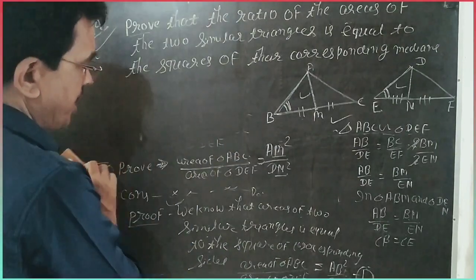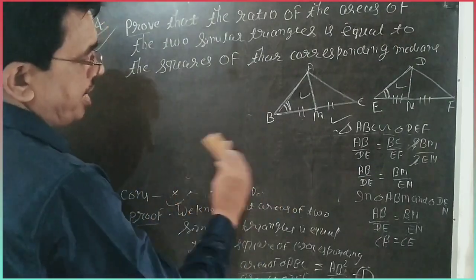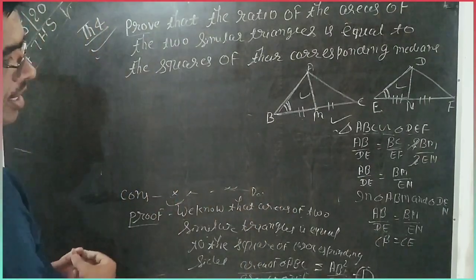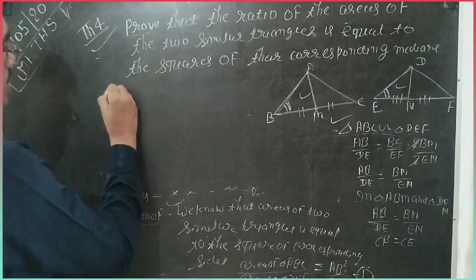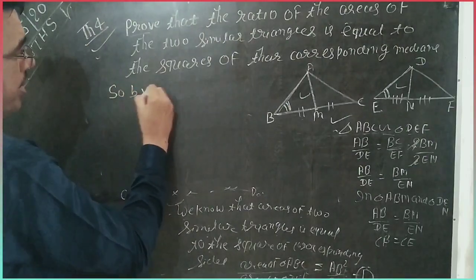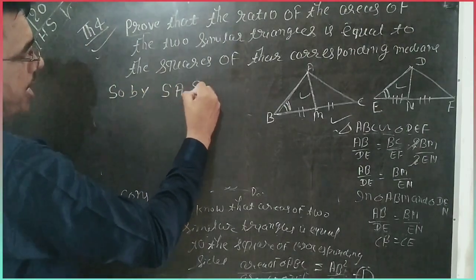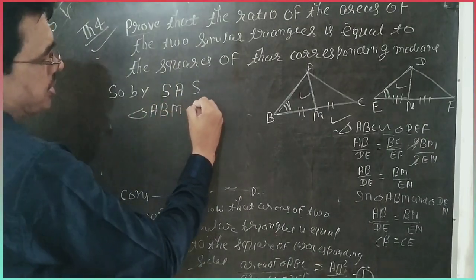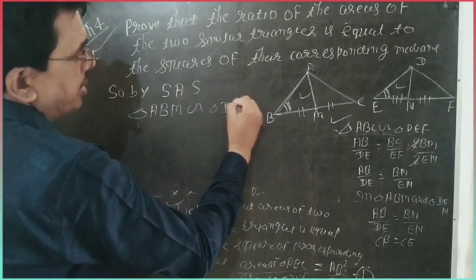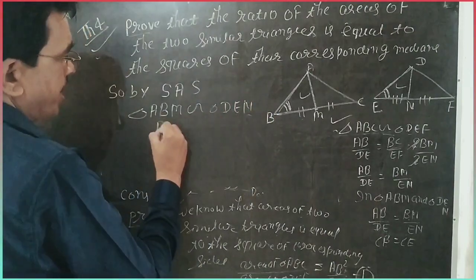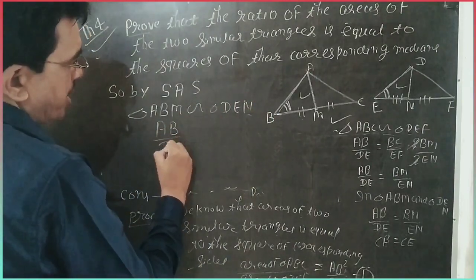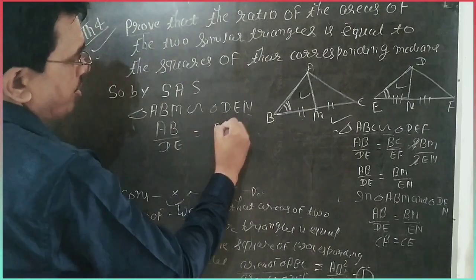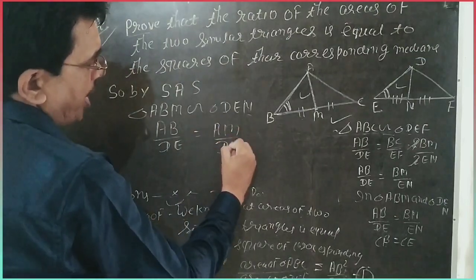So angle B is equal to angle E. So by SAS, triangle ABM is similar to triangle DEN. So what do you get? You get AB by DE is equal to AM by DN.